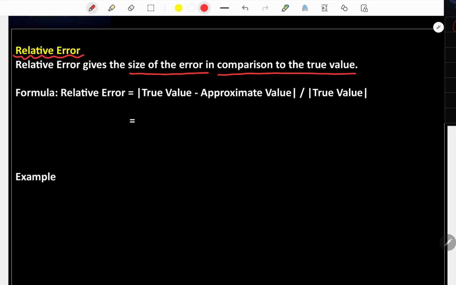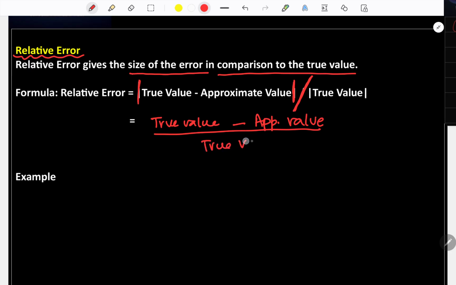What is this, teacher? Don't worry, just study the rule. The rule is absolute value of true value minus approximate value, divided by true value. Everything is under absolute value.